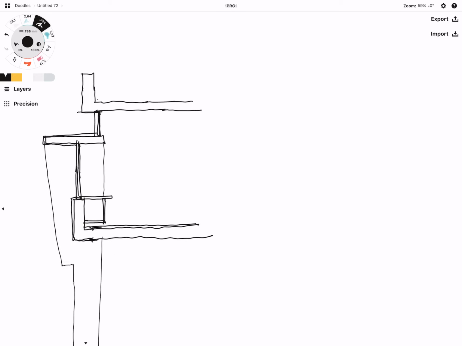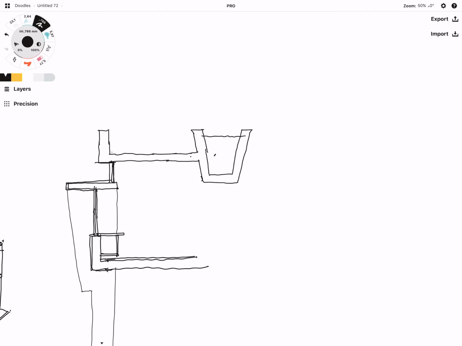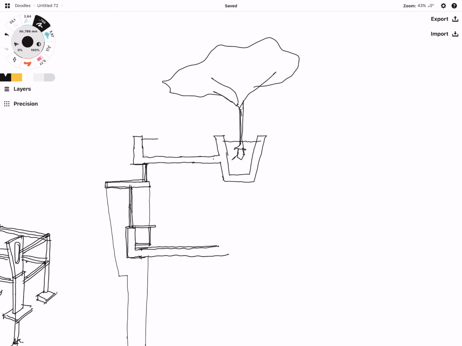So, for example, I've got a skylight coming in over here. What could be a planter? Brickwork.